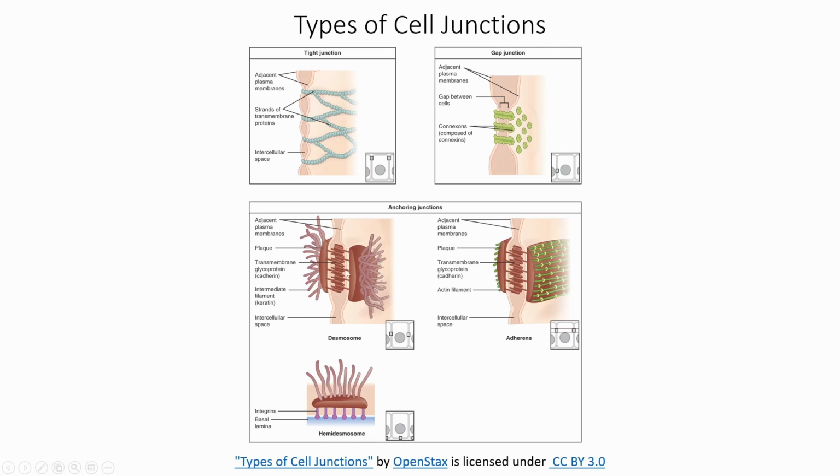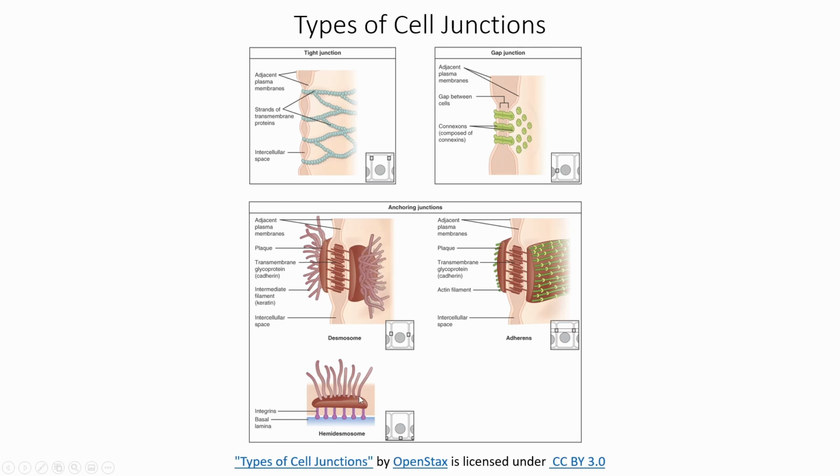We see cadherin that connects them, but in the adherens junction we see actin filaments along the inside of the cells, whereas in our desmosome we use keratin. So that's the big difference that we care about right now. I'm not going to go really beyond that for you guys right now, but you should know both of them are used to anchor cells to other cells.